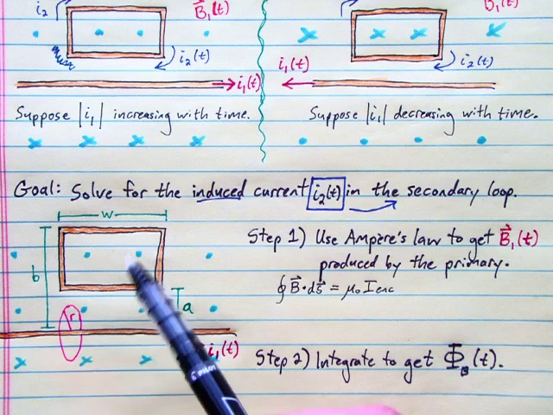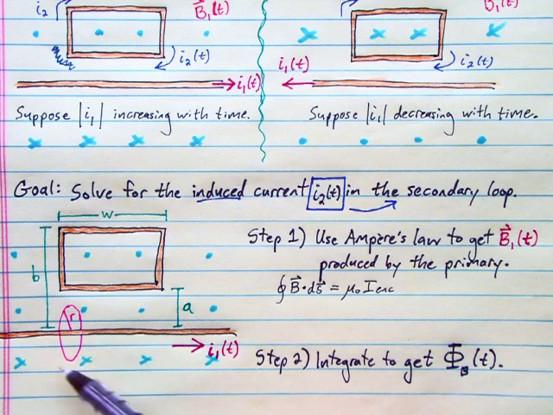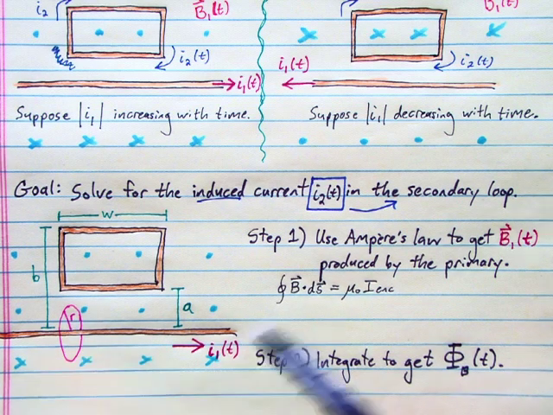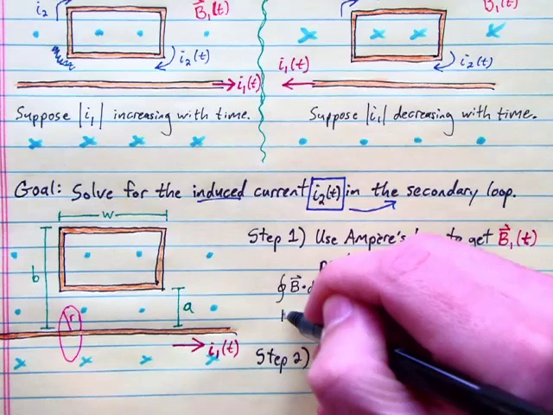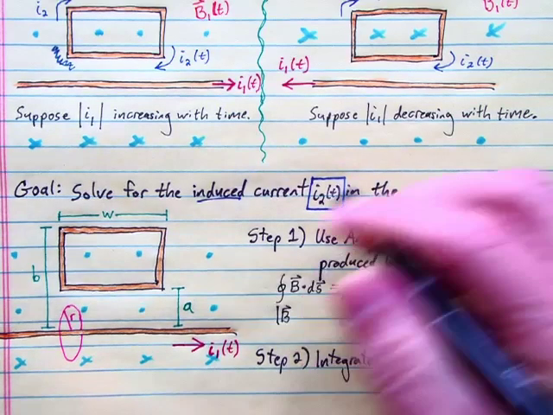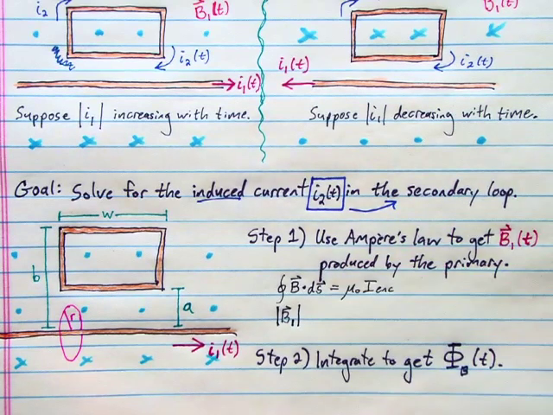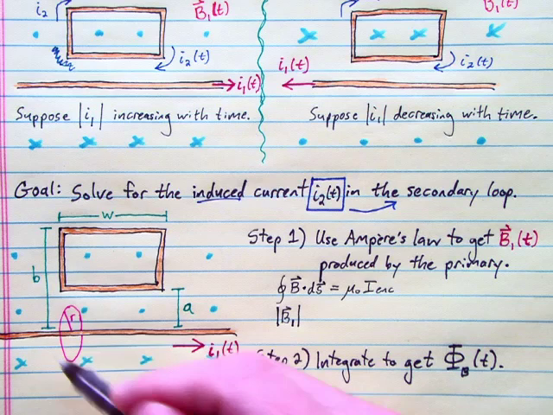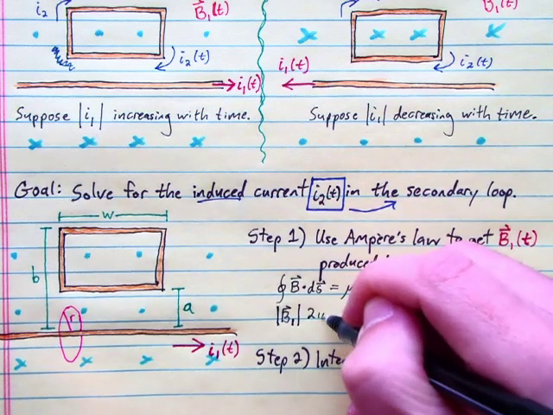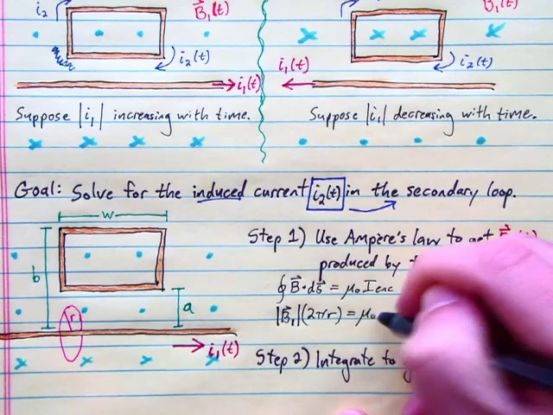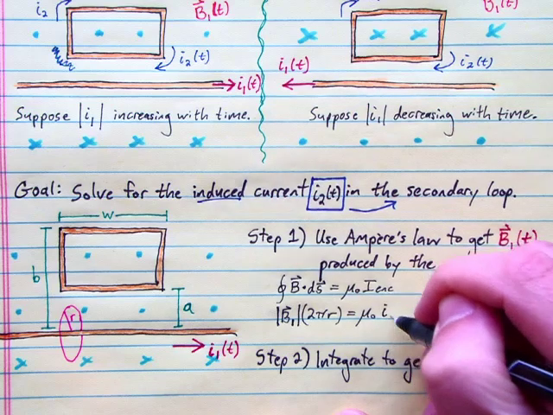So this pink line I've drawn could well represent one of the looping B field lines around that wire. So we get B, this would be B1 here, the B field produced by the primary, times the circumference of that loop right there, 2 pi r, equals mu naught, and the current enclosed is I1.